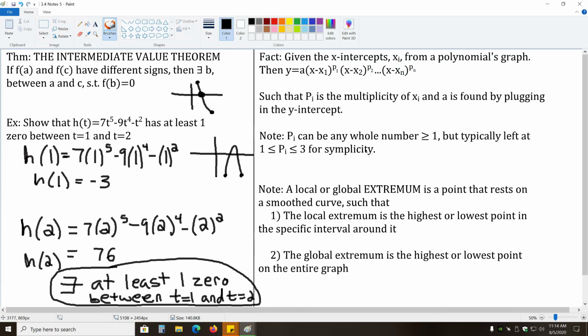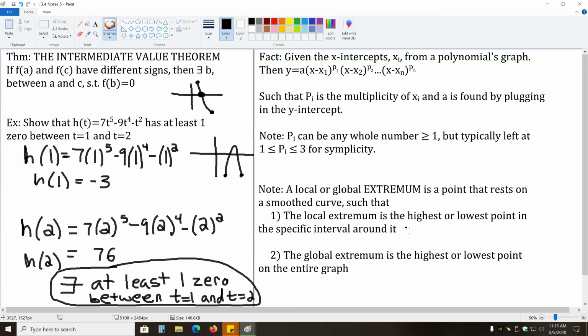Doing all of this will allow you to take the graph and convert it into a polynomial. And the last thing to note before we get to this example is that a local or global extremum is a point that rests on a smooth curve such that the local extremum is the highest or lowest point in the specific interval around it.